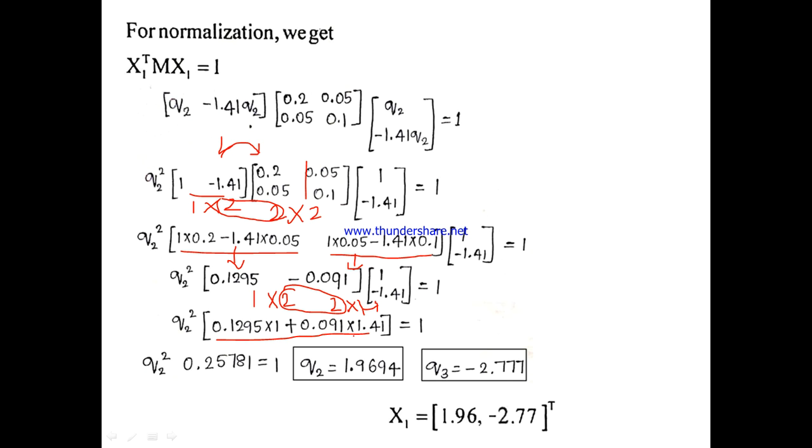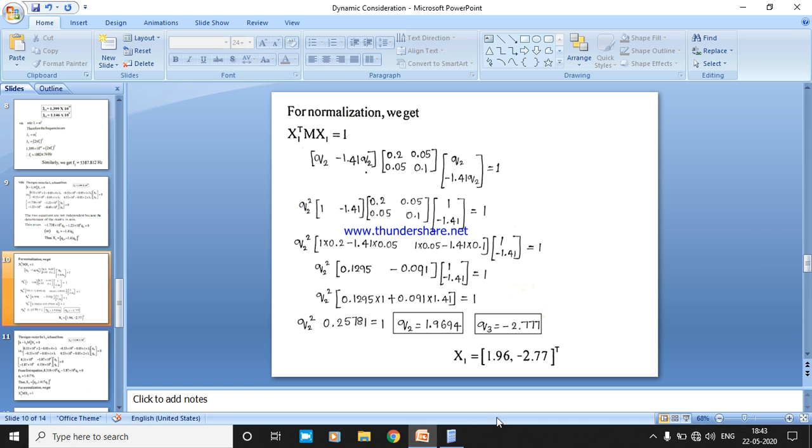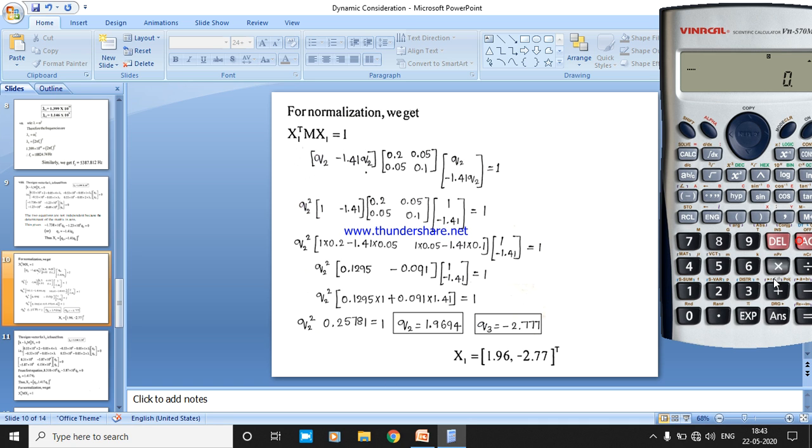If I simplify this, I will get 0.2571. So 1 divided by 0.2571 is equal to Q2 square. Taking the square root of the answer, I will get 1.9694. This is the Q2 value I got.